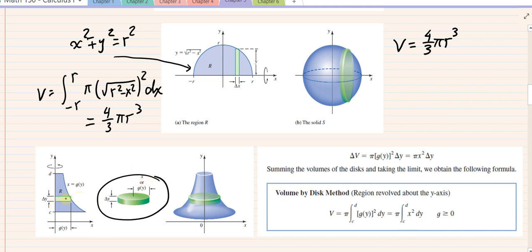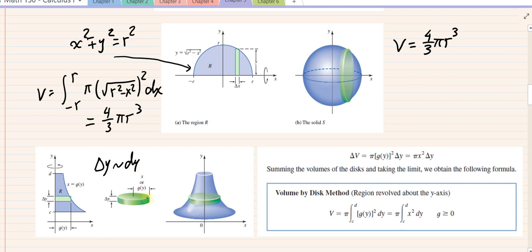Each of these rectangles, to begin with, has a thickness delta y, or dy call it. And once they are rotated, that's how they generate this disk of thickness dy, right? As the number of rectangles increases, dy and delta y approach the same number, right? Delta y is approximately equal to dy.